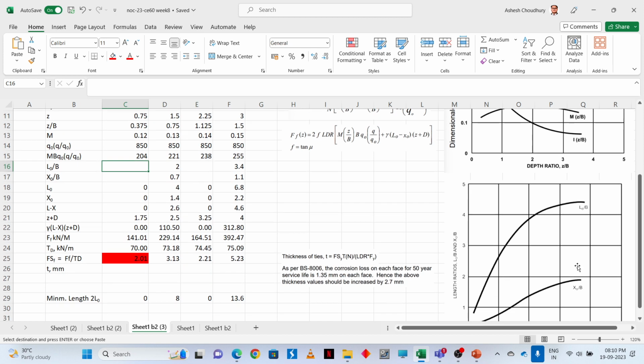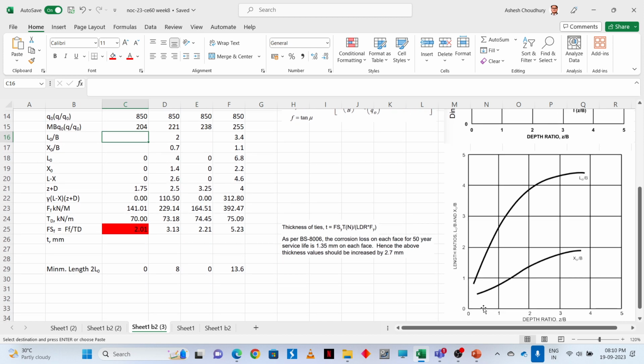That's for 0.375. This is 0.5. This is 0.4. So approximately 0.5, and say 1.1.